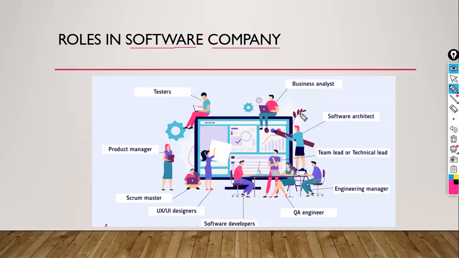Business analyst is one role, software architect is one role, team lead or technical lead, engineering manager, QA engineer, software developers, UX UI developer designers, scrum master, product manager, testers. These are all the different roles in a software company. If you enter any software company, you'll see all these roles, and different people are working under these roles.